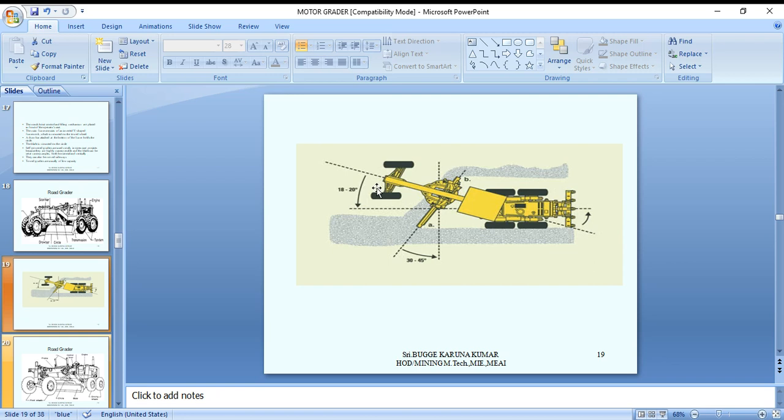There are supporting wheels, a single frame with a front pair of wheels, and a tandem in between. There is a circle, and the blade is attached here, so the blade angle can be shown here. The blade is independent of the movement of the machine. That can be easily understood from the top view sketch of the machine.